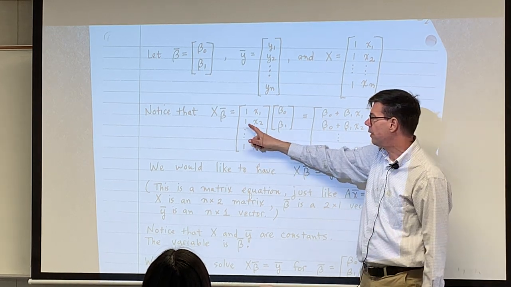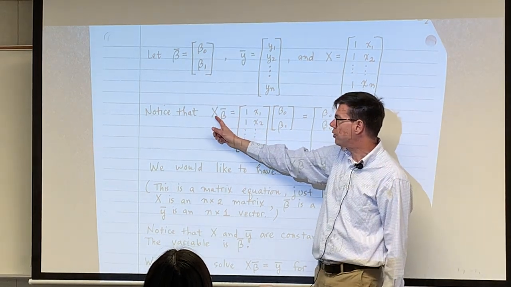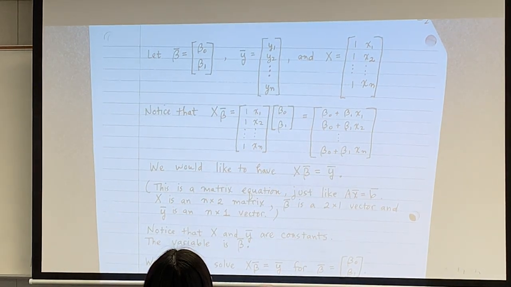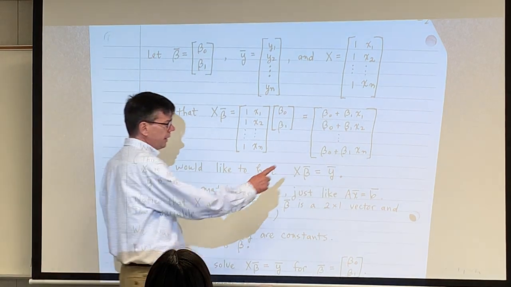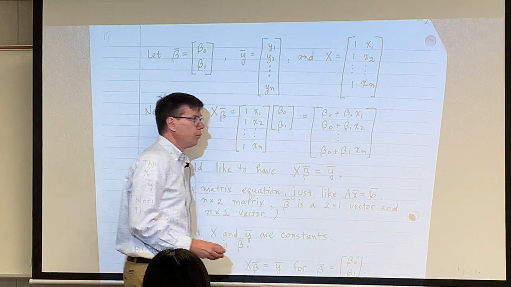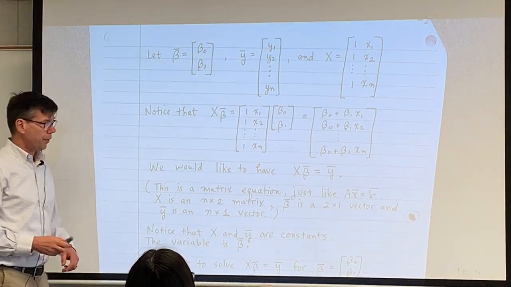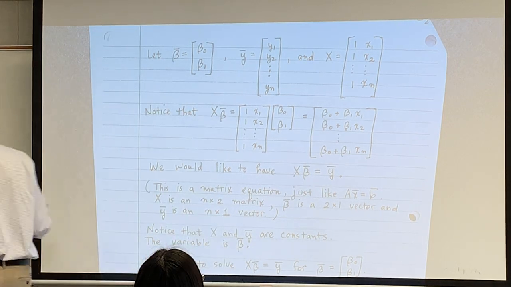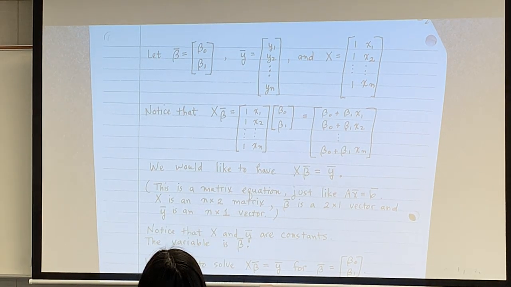Just observe here that if I take this matrix X times that column vector beta, it just produces outputs that would look like my y1 through yn values, right? So this notation is a little like, well, what the heck?